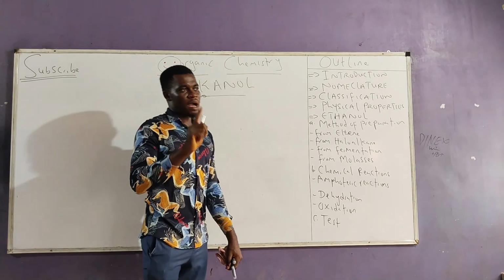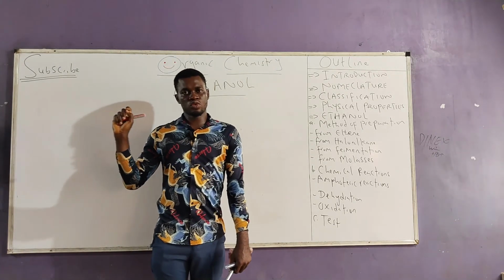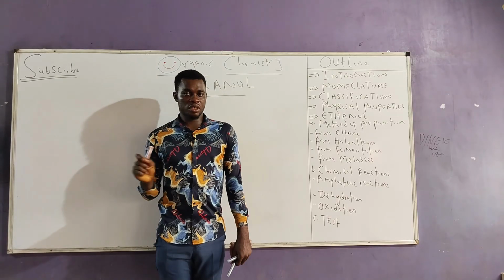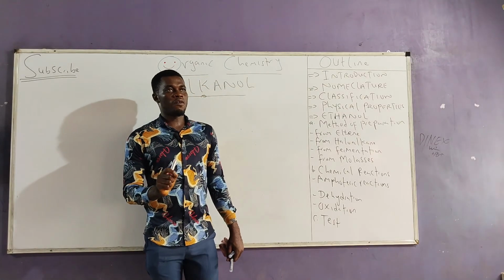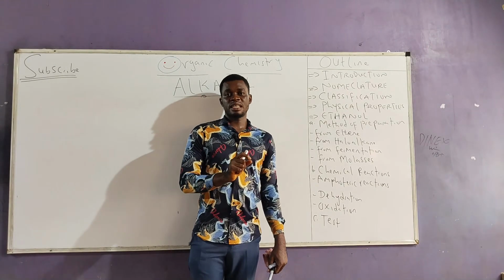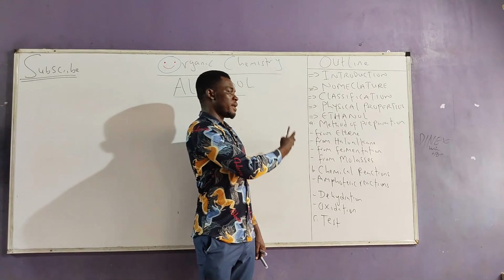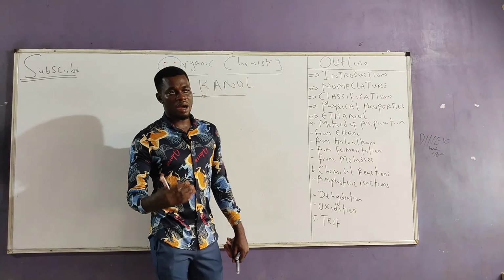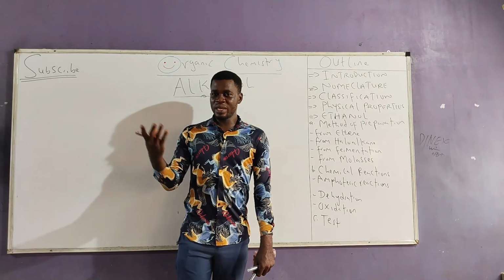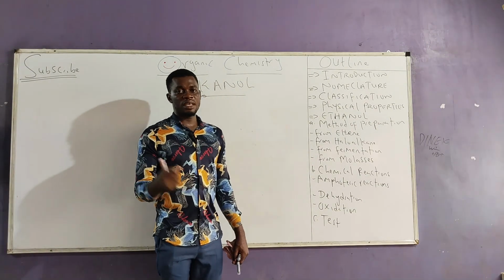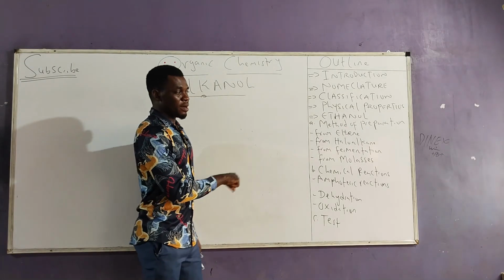Now keep in mind, remember our video on introduction to organic chemistry. We said that one important feature of a homologous series is that they share similar general methods of preparation. So I can also apply these methods to other members of the alkanol homologous series, and I'll just tweak the arrangement a little bit to get the other members.